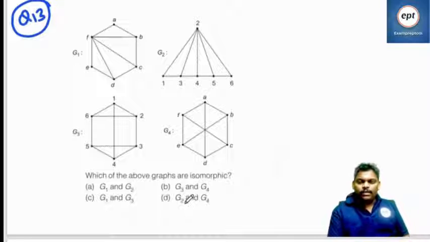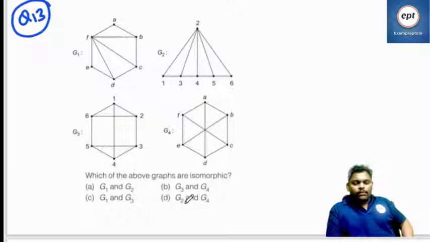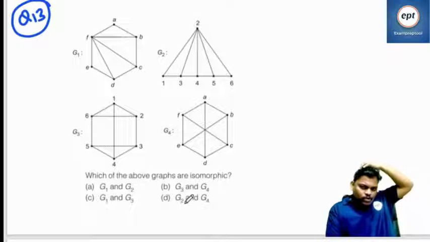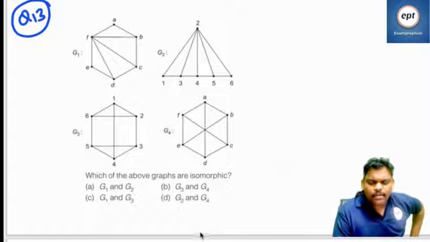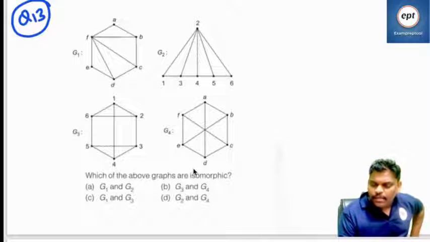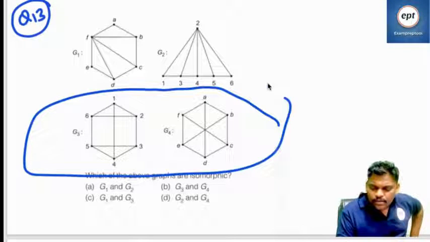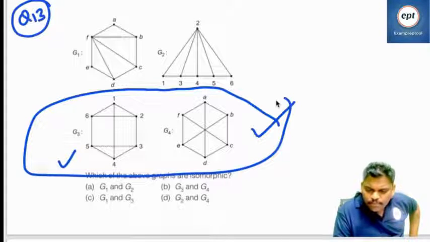Now come to question number 13. Which are isomorphic? Isomorphic means everything should be similar. The way of drawing may be different, but in every manner they will be the same. Can you verify? Here 6 vertices, here 6 vertices.